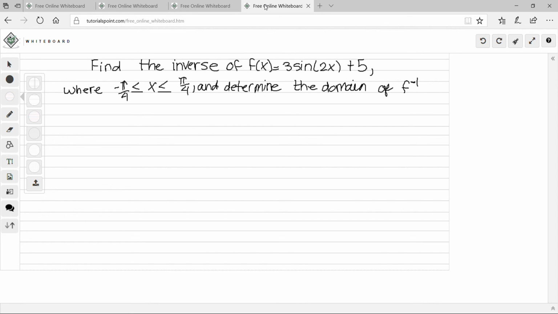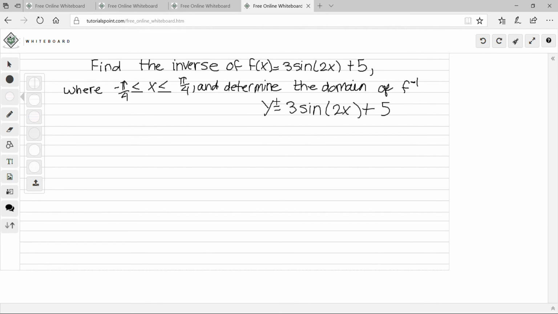So what I would do, I could rewrite f as y equals 3 sine 2x plus 5, right? So when you take the inverse, all you're doing is switching the y's and x's, and then you have to solve for y.